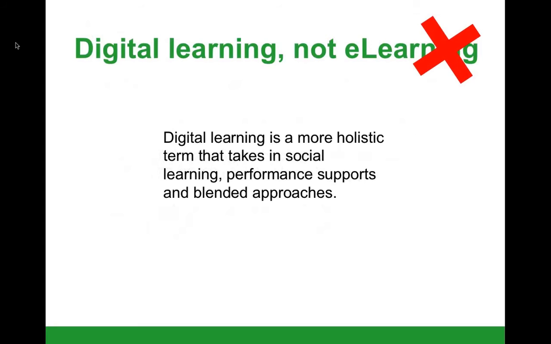So we're using the term digital learning, and we're seeing it being adopted more widely for a couple of reasons. One, from a learning point of view, it's a more holistic term. It takes in things like social learning, performance supports, and blended learning approaches that go beyond just face-to-face and online. The other side of it is that digital learning aligns with the use of the term digital in marketing as well, and other parts of the business.